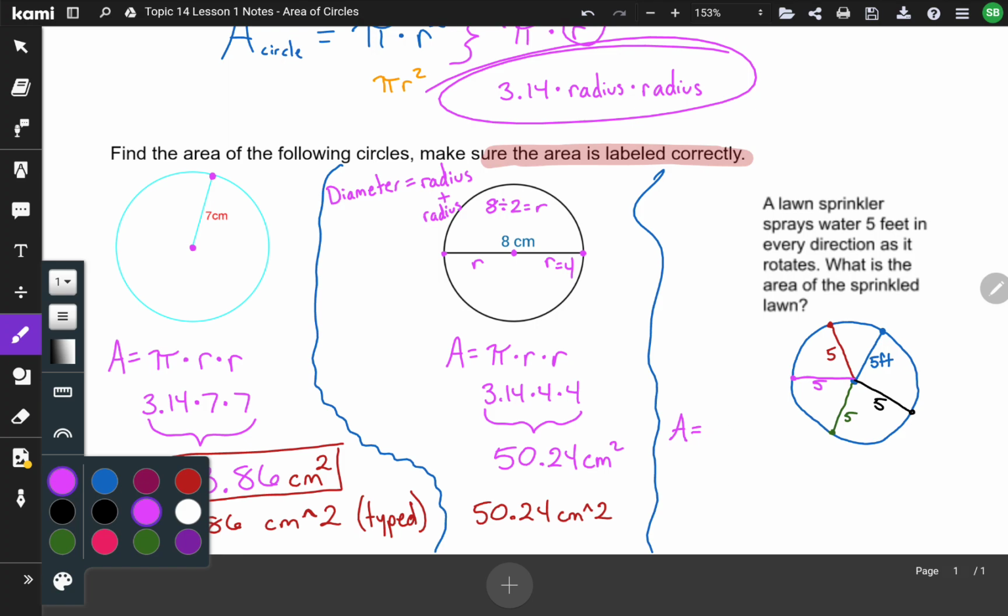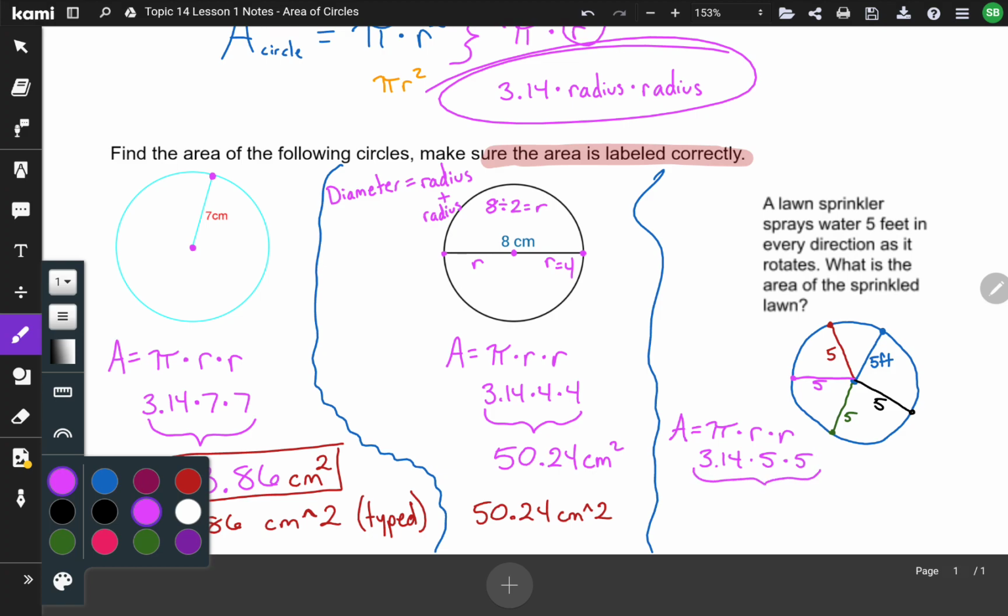Area equals pi times the radius times the radius. The space getting wet is the space inside. So I want to know if it sprays 5 feet in every direction, what is the area of the sprinkled lawn? What part gets wet? Well, my radius is 5, so I can take 3.14 times 5 times 5.